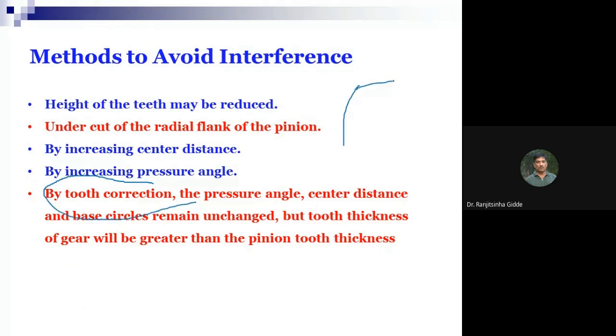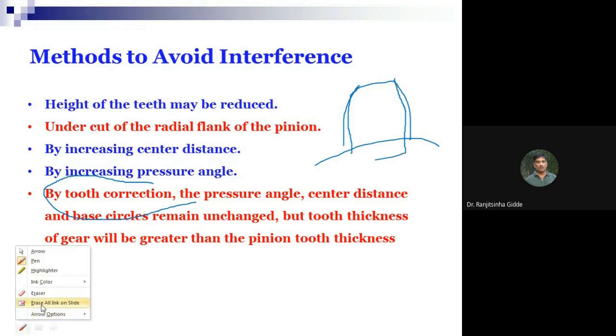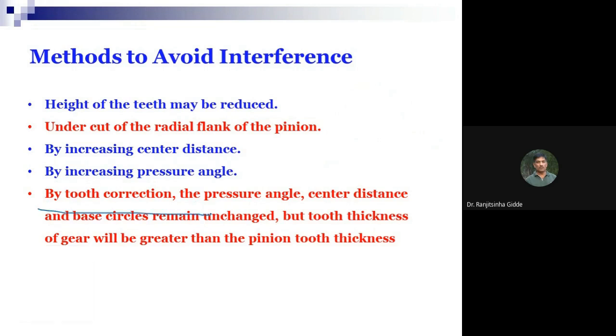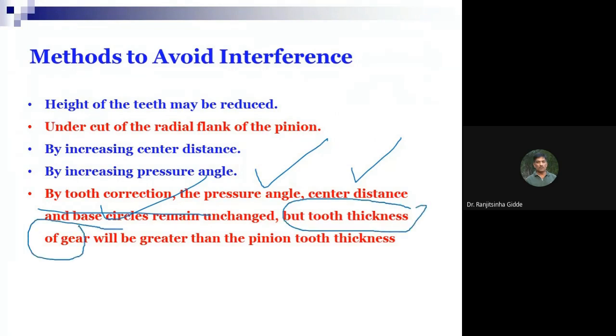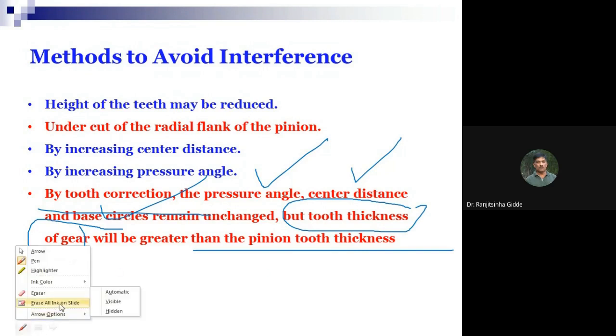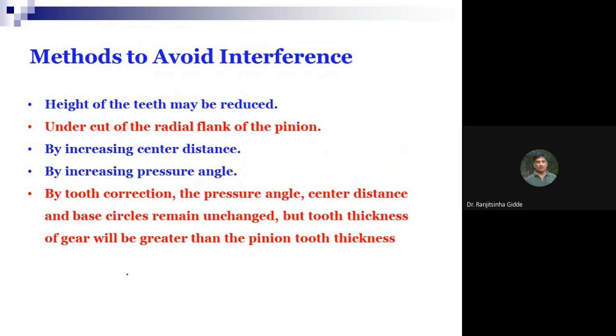So this is the tooth. Just we are going to modify its profile. That is nothing but the tooth correction. Other things we are going to keep constant. Pressure angle no change, center distance no change, base circle no change. But in this case, tooth thickness of the gear will be greater than the pinion tooth thickness. That is another issue. Okay.